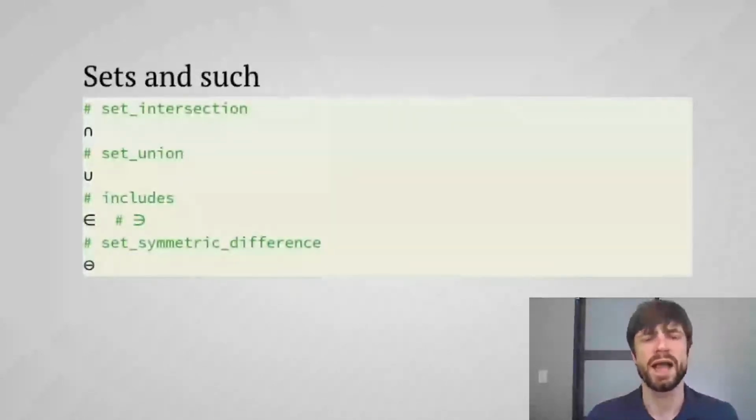Now, I know some people would say that as concise as these operators are, that we should use more verbose and thus more descriptive names like set symmetric difference. But I would argue that the set of people who really know what set symmetric difference means, but who don't know that symbol, is very small.